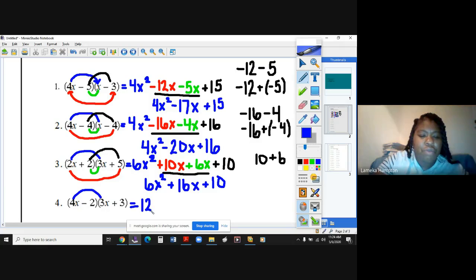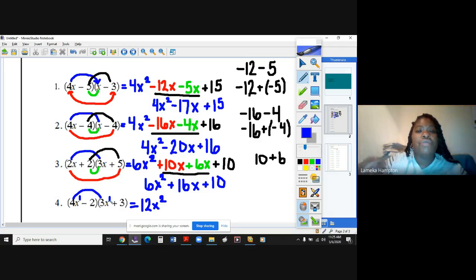So remember, when we multiply like terms, we are multiplying the numbers, but we have to make sure that we add those exponents, not the coefficients. So we have 4 times 3, which gives us a 12. And remember, there is an invisible 1 as an exponent.